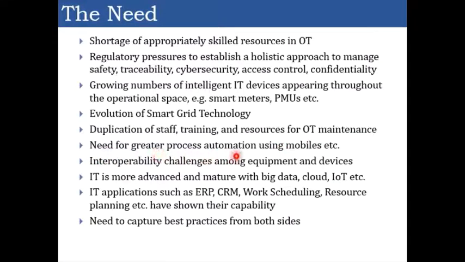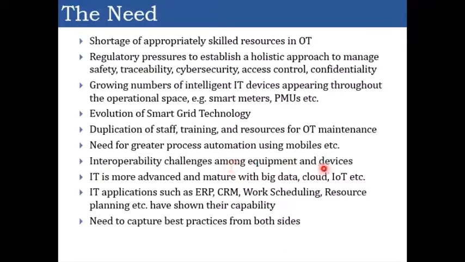There is also a need for greater process automation using mobile phones, because nowadays mobile phones are not only for calling people but also for other activities like messaging or doing financial transactions, and some other operational transactions are also possible using mobile phones. So when you say that the mobile phone has future prospects for better process automation, it means that IT and OT need to be merged for implementation of those applications on mobile phones.